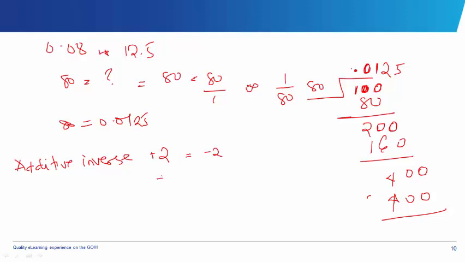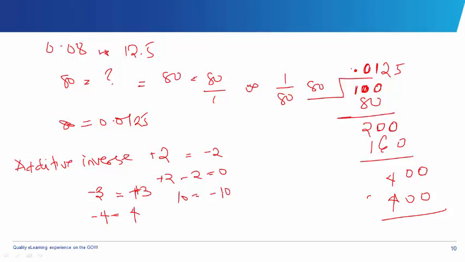So that when you do plus 2 minus 2, it gives you a 0. So additive inverse of a number means a number that you add to that number to make it 0. So additive inverse of minus 3 is plus 3. So it's as simple as changing the sign. Additive inverse of minus 4 is 4. Additive inverse of 10 is minus 10. So it's very easy, just as easy as that.